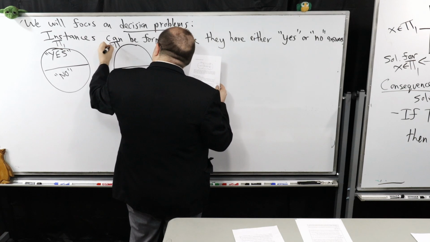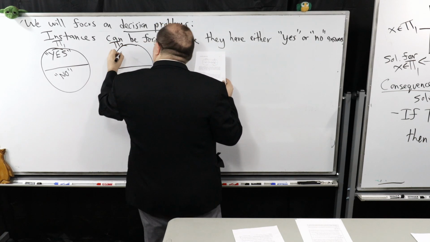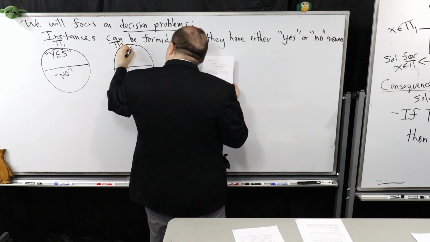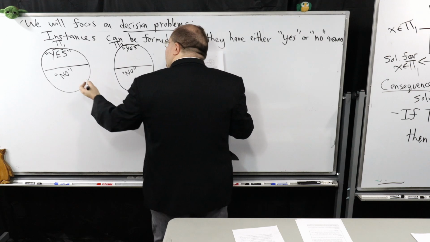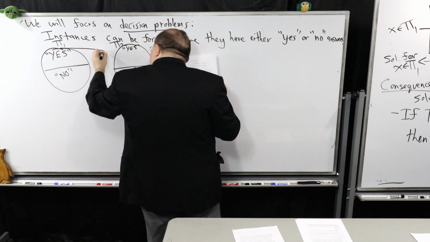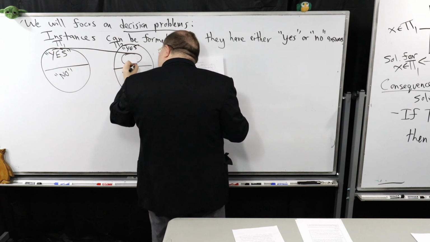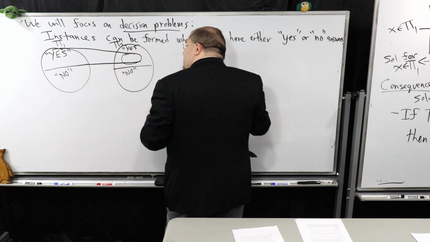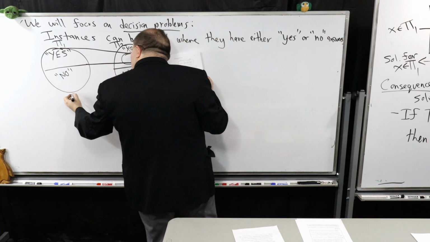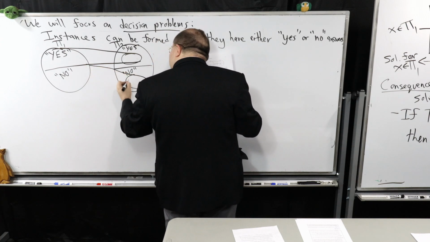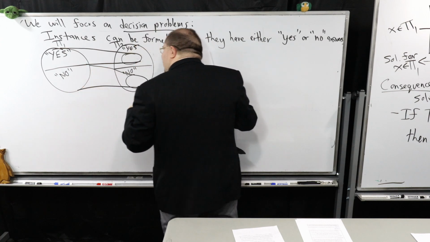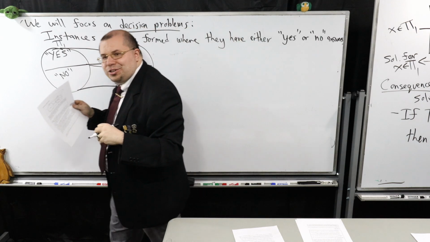So for pi 2, every one of the yes instances has to translate to some subset of the yes instances of pi 2. All the no instances have to translate to some subset of instances that are no instances for pi 2.